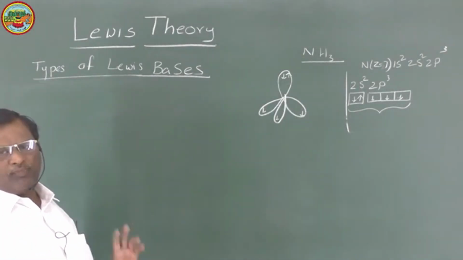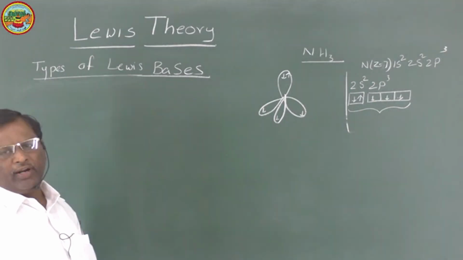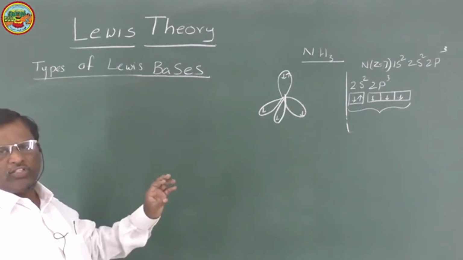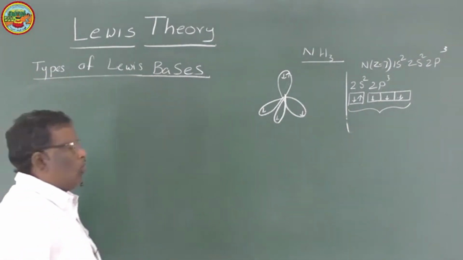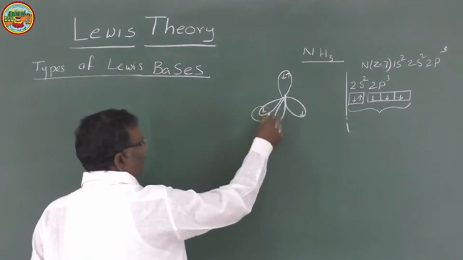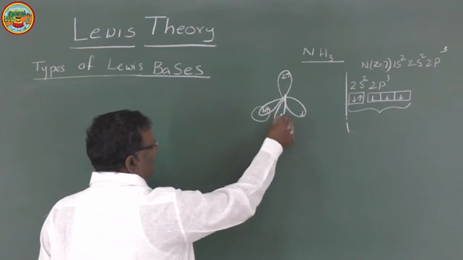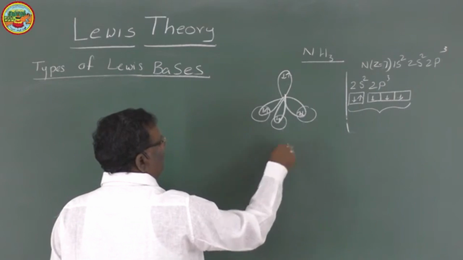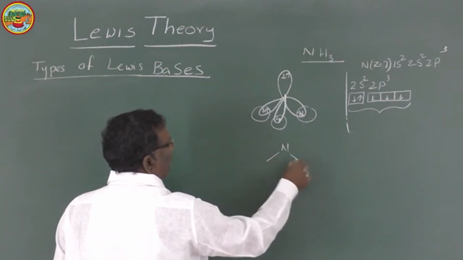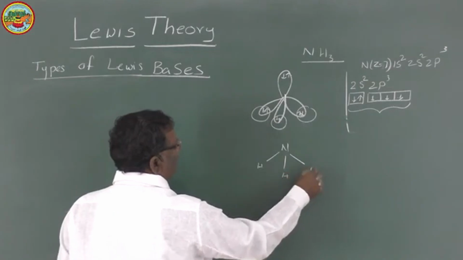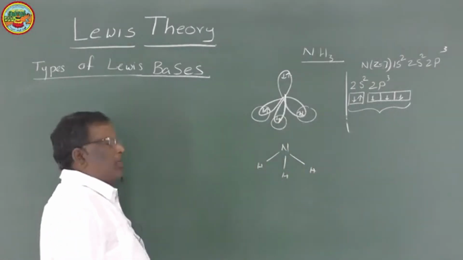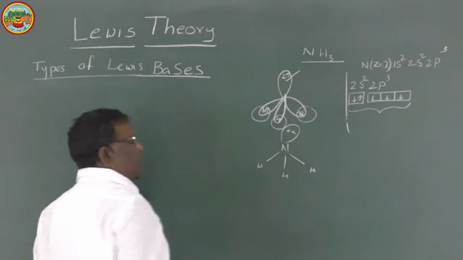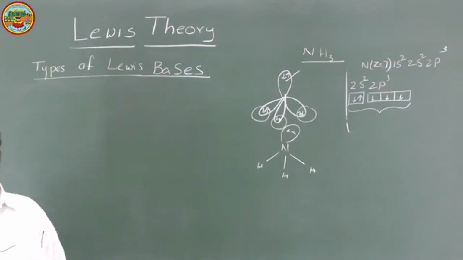In the formation of bonding, only half-filled hybrid orbitals will be involved. So the half-filled sp3 hybrid orbital of nitrogen will overlap with the half-filled 1s orbital of hydrogen to form an N-H sigma bond. Such 3 sigma bonds are formed between nitrogen and hydrogen, and the molecule is pyramidal in shape. So in this molecule, you will have one sp3 hybrid orbital with 2 electrons.